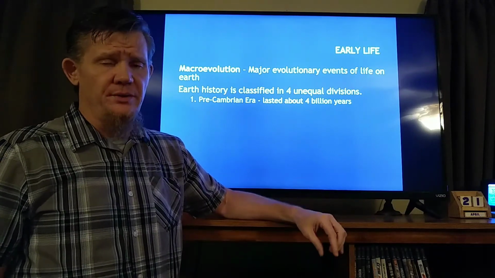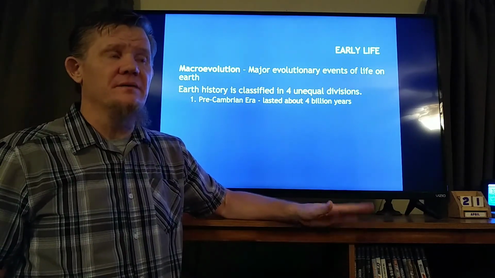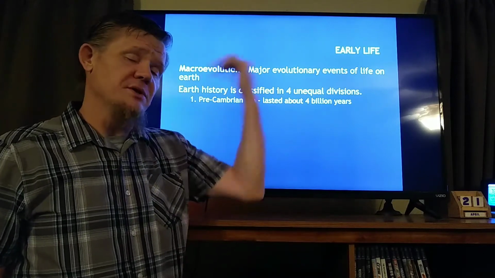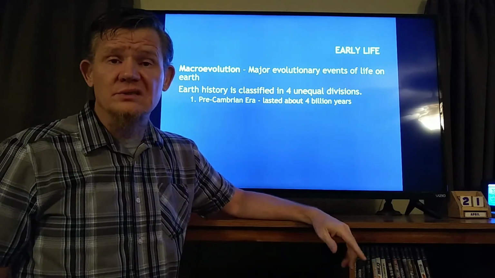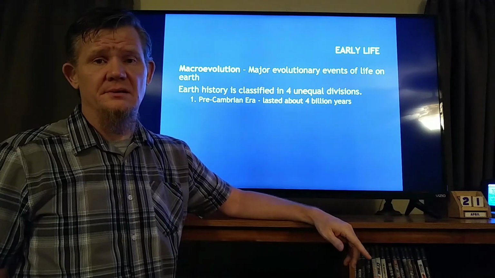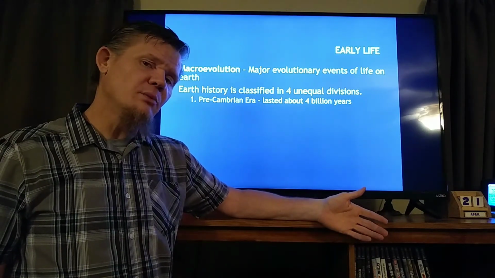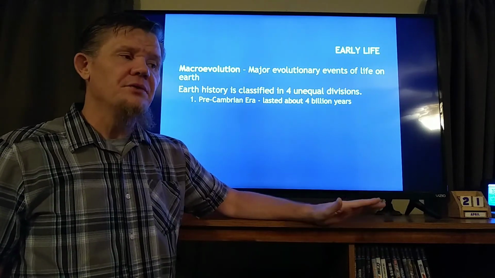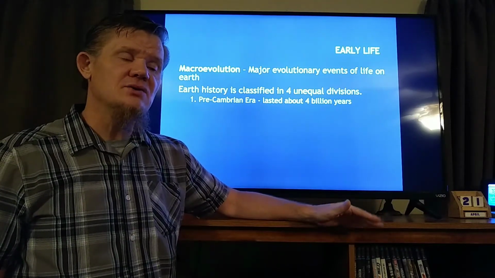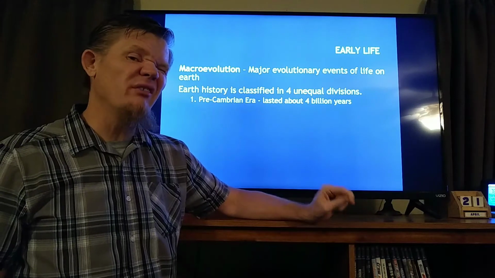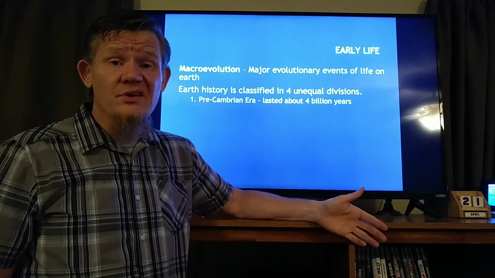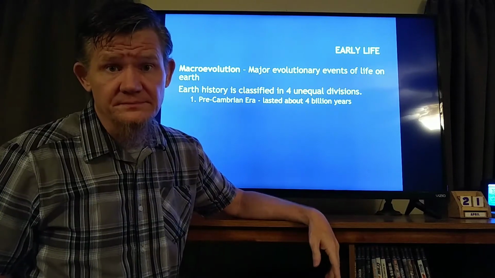The age of the Earth, the history of the Earth, is broken up into 4 unequal sections. Remember, we talked about it a few slides ago. How old is the planet? The planet is 4.6 billion years old. The first age of the planet, the first section of the history of the Earth, is basically the first 4 billion years.